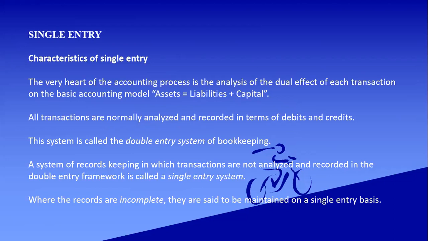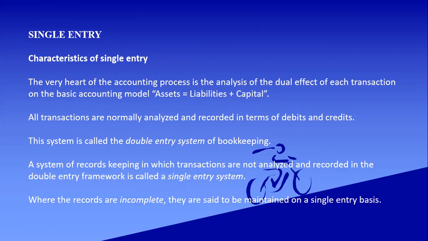Then we continue, actually single entry is already part of chapter 15 and they used to go together. So the characteristics of single entry. The very heart of the accounting process is the analysis of the dual effect of each transaction on the basic accounting model. Assets equals liabilities plus capital.